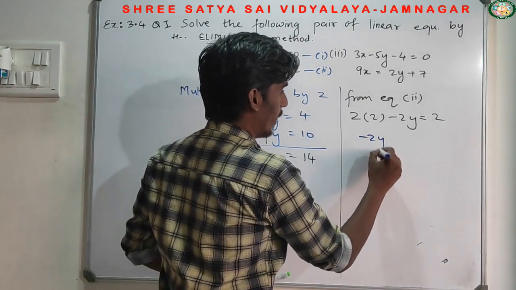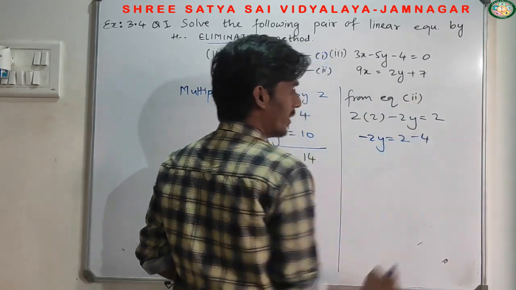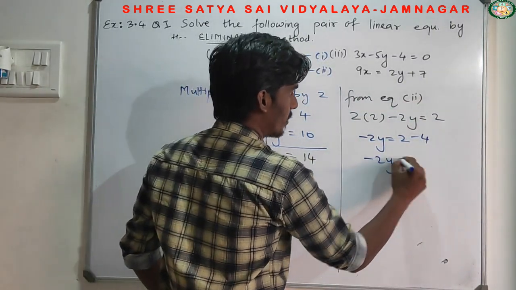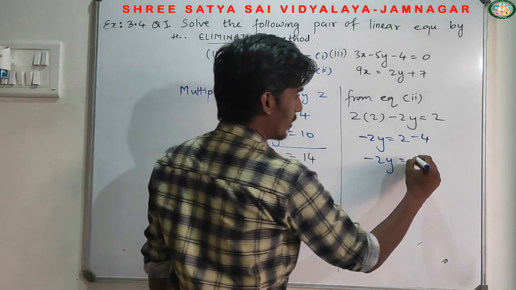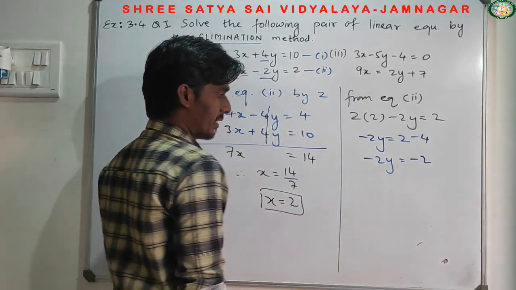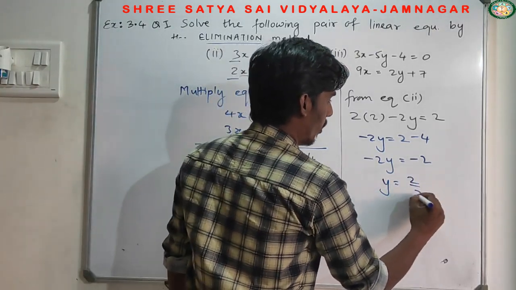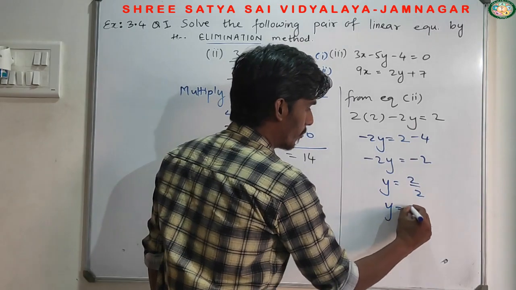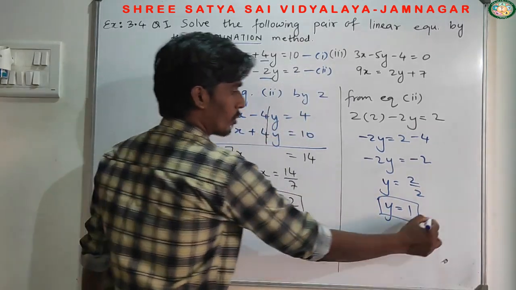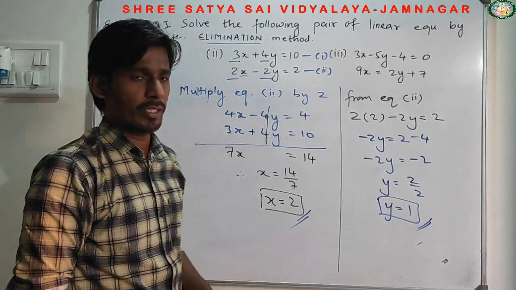So minus 2y, 2 2s are 4, 4 will move that side, minus 4. So minus 2y equals what? Minus 2, minus minus get cancelled. So y equals what? 2 upon 2. So y equals 1. So these are the solutions of the second pair of linear equations.